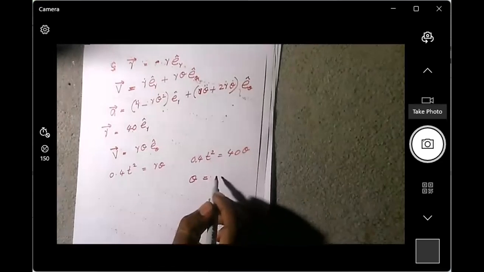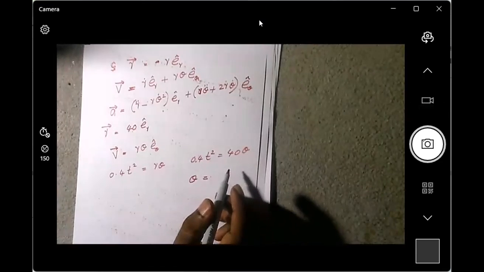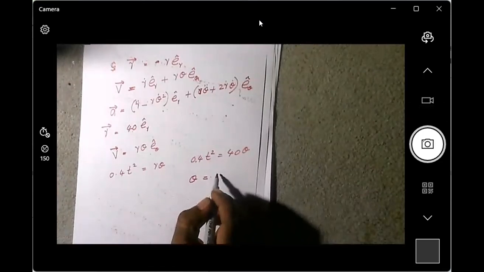How much is theta? Forty divided by 0.4, it is 100, right?